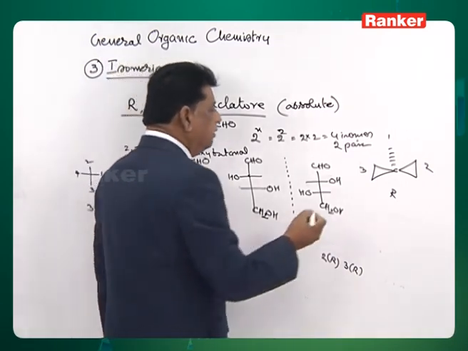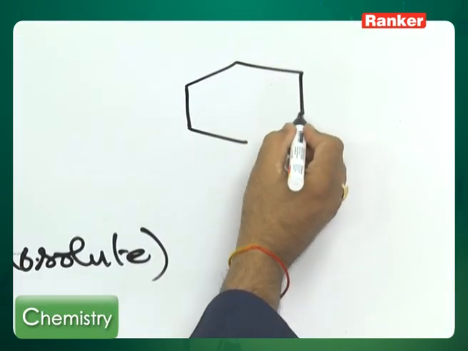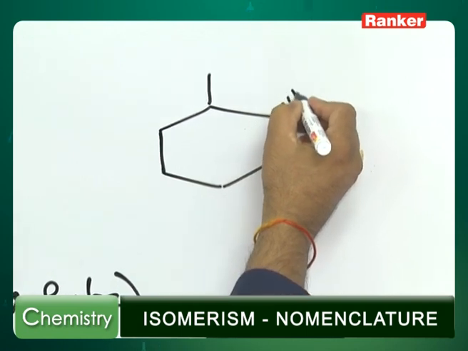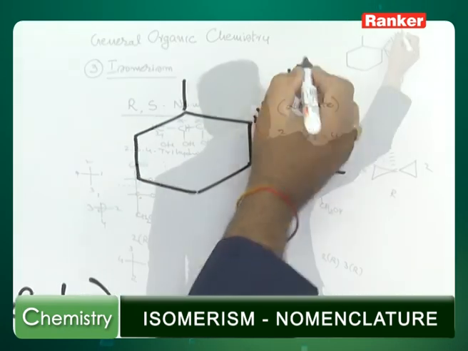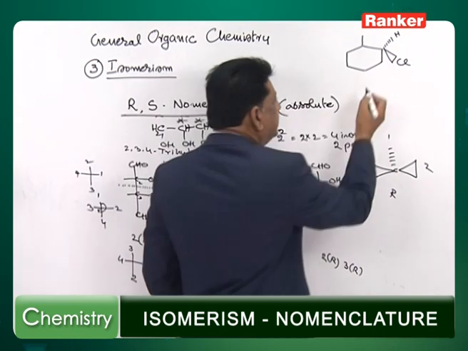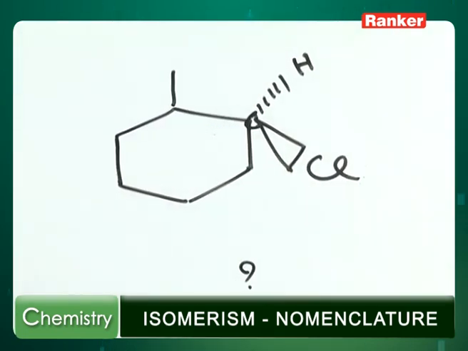For example, I'll give some examples, where there is a cyclohexane containing one methyl, with one hydrogen and one chlorine. In this compound you have one advantage. At this carbon, I am asking the symmetry: is it R or S?